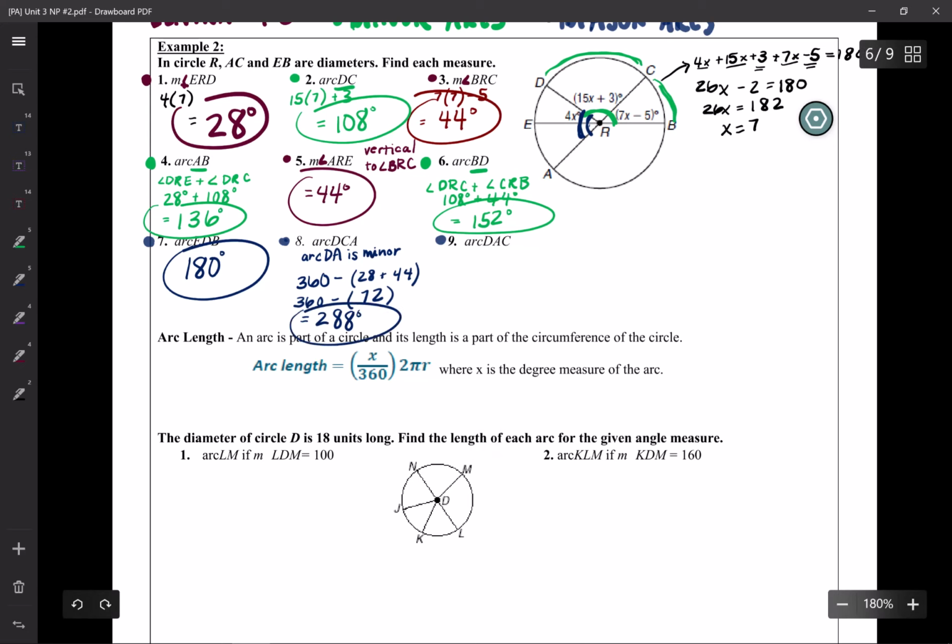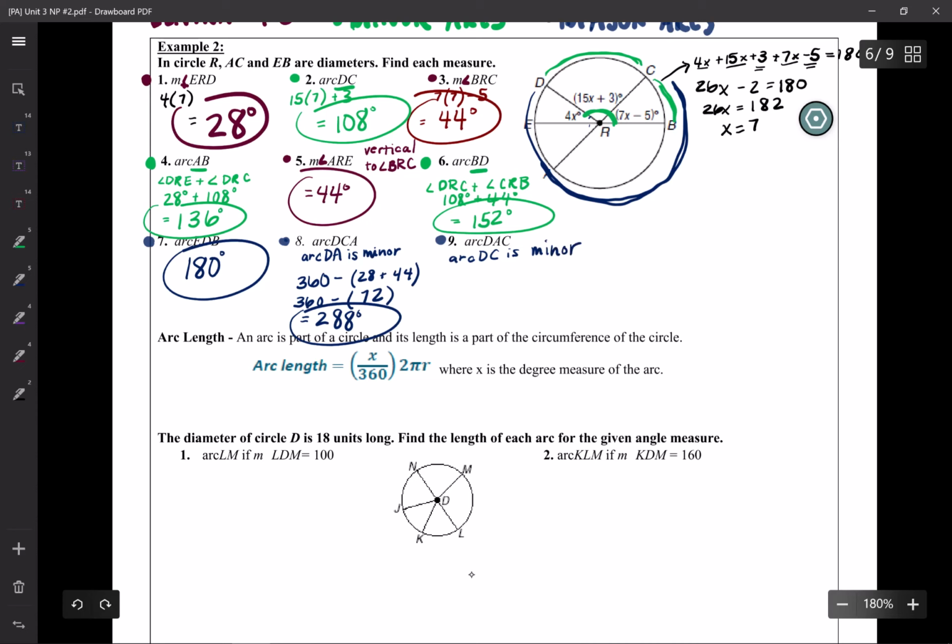Okay, and then last but not least, we have to find arc DAC. That's this large arc over here. So DAC, arc DC is the minor.